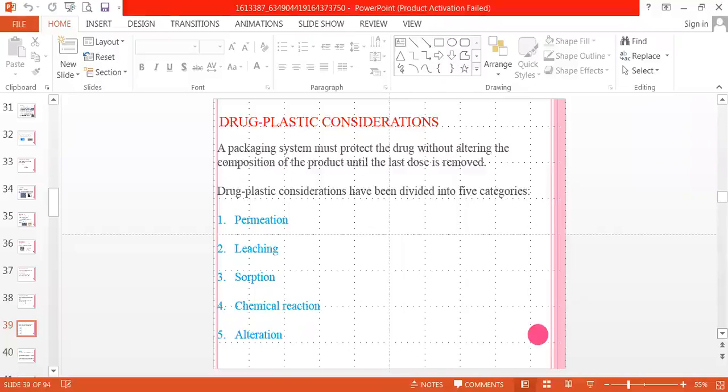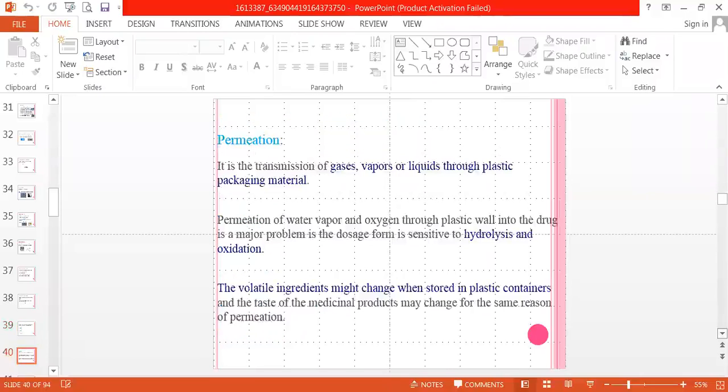The first process is permeation, the second is leaching, then sorption, chemical reaction and alteration. So what are these processes and how do they affect your choice of plastics? Now what is meant by permeation? Permeation is nothing but the transmission of gases, vapors as well as, we can say, liquid.